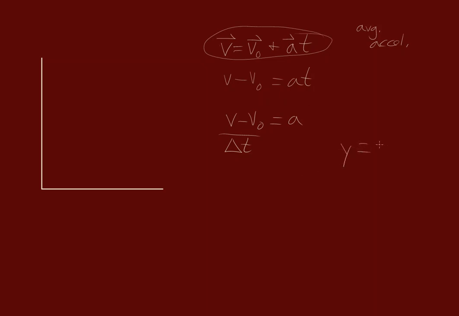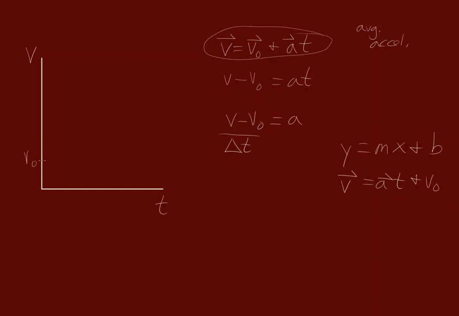it looks a lot like the equation for a line, where the acceleration plays a role. If you'll notice, this line would have our velocity on the y and our time on the x.